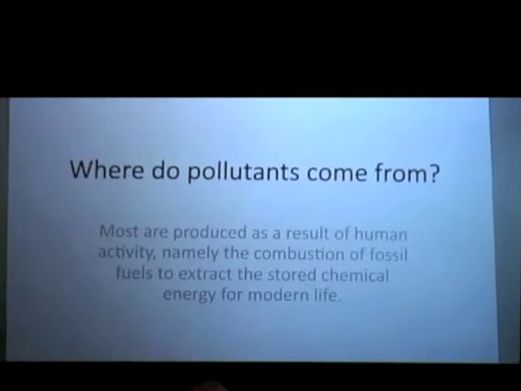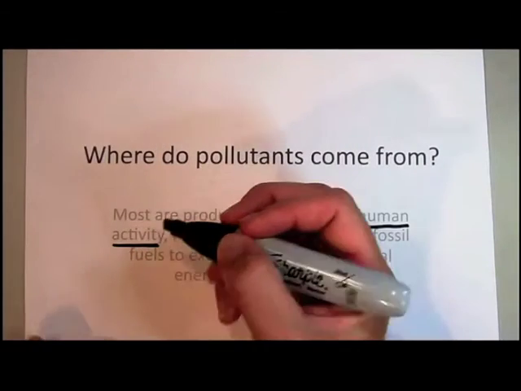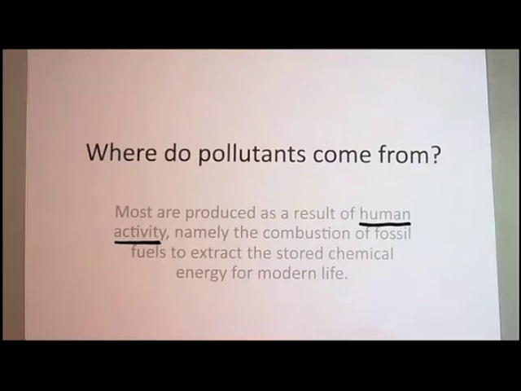Today we're going to start taking a look at where these pollutants come from, the minor components of air. And so what you'll find is, we're going to turn now to the document camera. Is here on Earth. It's the way the Earth has evolved.